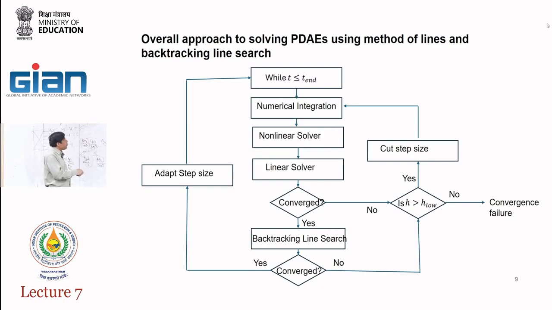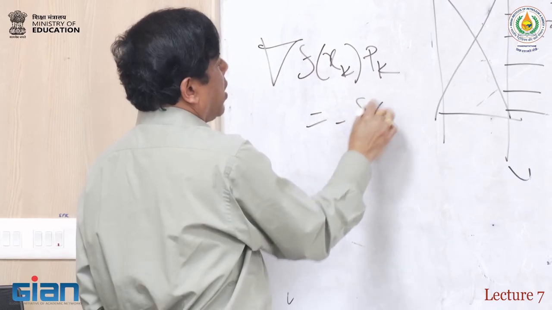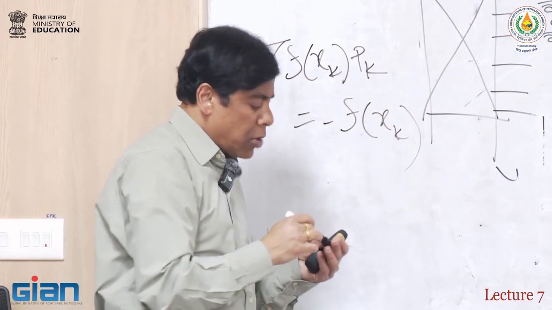But the first step there is that you have to solve for the step size. This was the equation that I wrote: f of xk pk is equal to minus f of xk, right? Remember that was the equation.